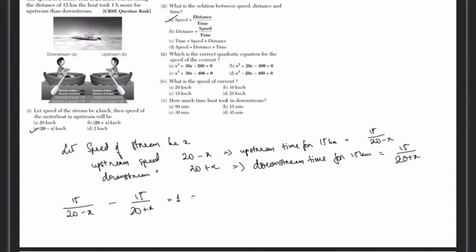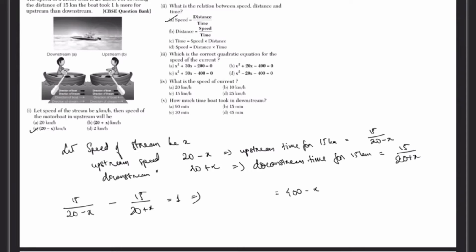So now we'll multiply left hand side and right hand side by 20 minus x times 20 plus x, that is a minus b into a plus b, so a square minus b square, that is 20 square minus x square, that is 400 minus x square. So on the right hand side you will have 400 minus x square.